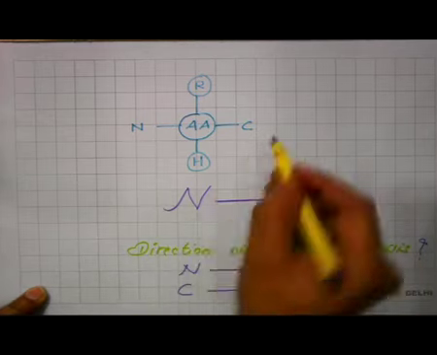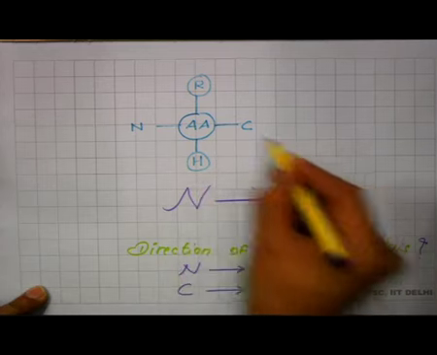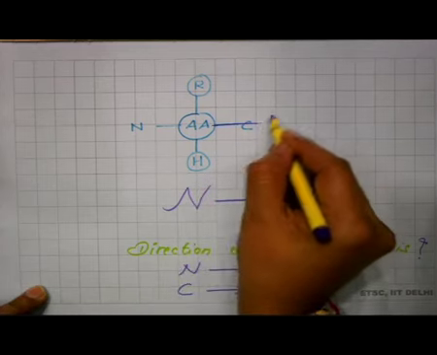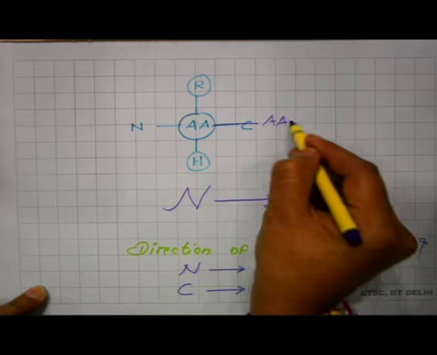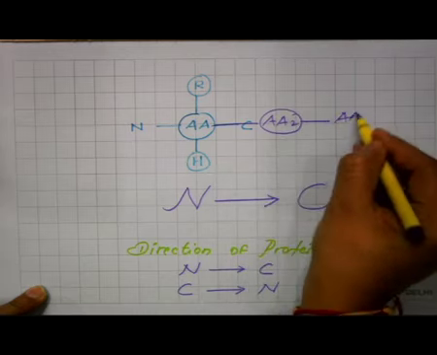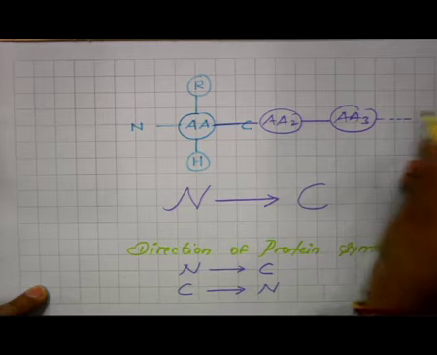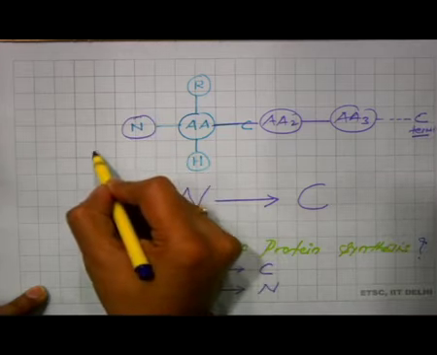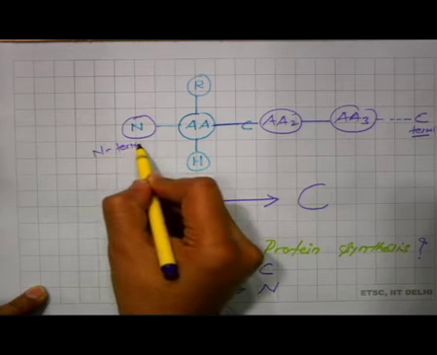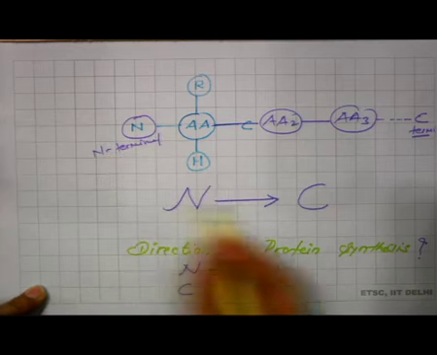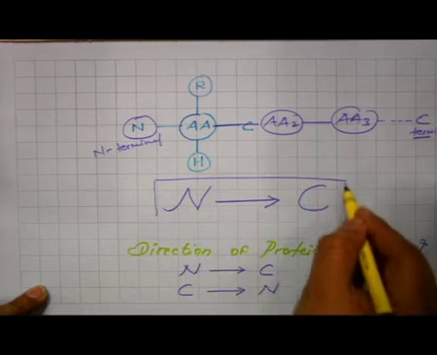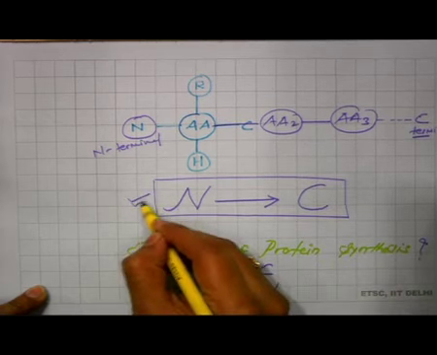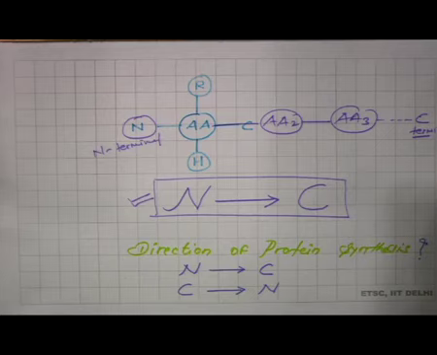That means, if there is a chain of amino acids, suppose this amino acid has been combined with another amino acid, say A2, A3, like this, this side there is always the C terminal, and here we have always the N terminal. So, the direction of protein synthesis is always N to C, amino group to carboxylic group.